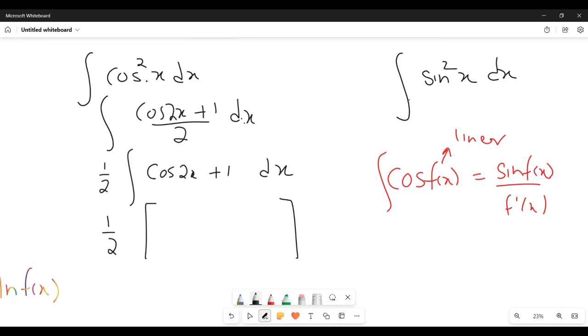And we get sin 2x upon 2. And then the integration of 1 is x. So x plus c. This is what we get. So we may also write sin 2x upon 4 plus x by 2 plus c.